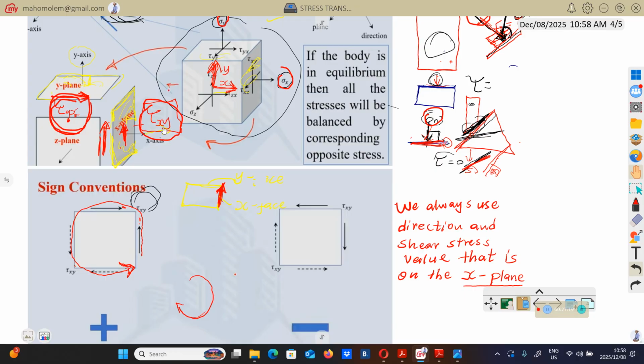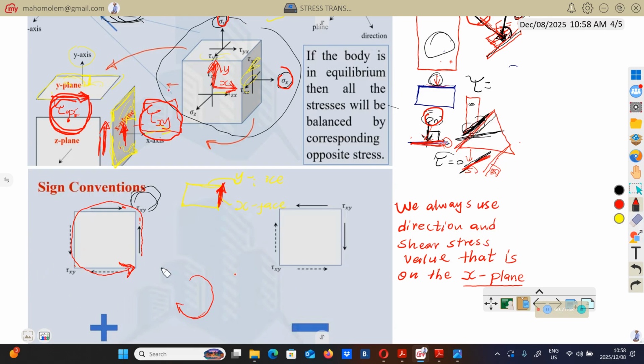So now how do we check the direction of this shear stress here? I've already said that we are going to check this part. When you check here, you will find either a downward arrow or an upward arrow. Sometimes the arrow will be going down, sometimes going up. If it's going up like this, then you'll move upward around this element.